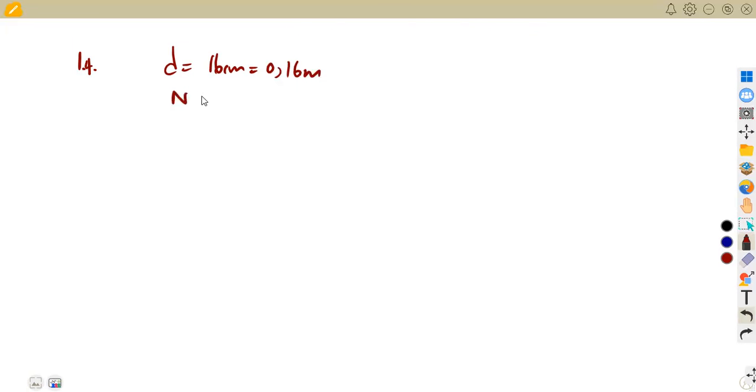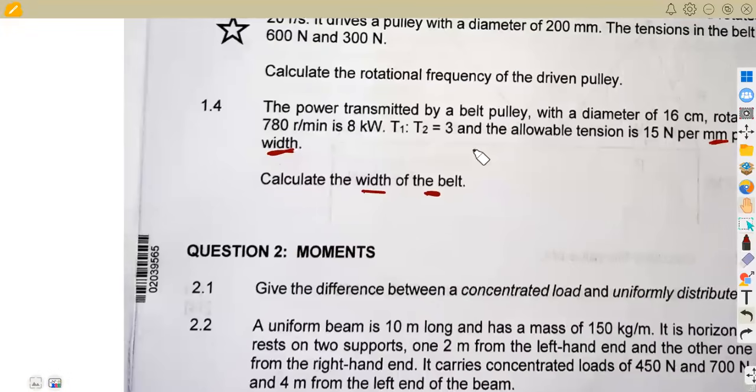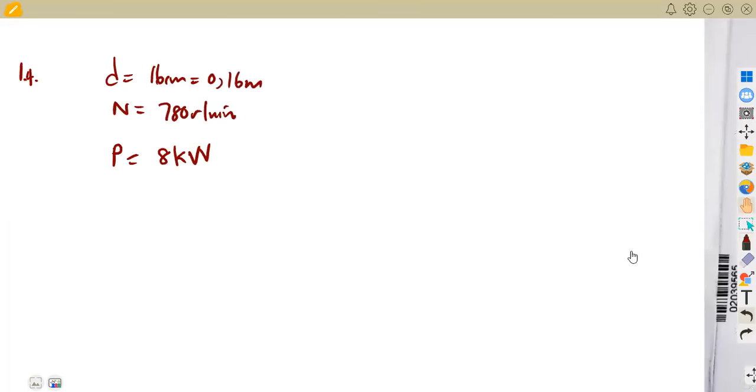We are also given the speed, 780 revs per minute. We do not know what's going to happen, let's just leave it like that. And the power is 8 kilowatts. Then we also have a ratio T1 as to T2, which is 3. So how can we present this?